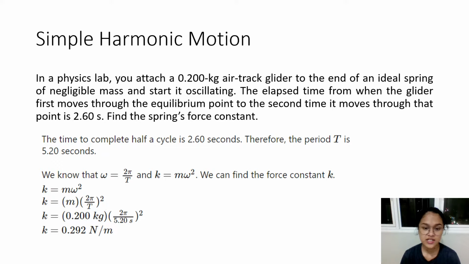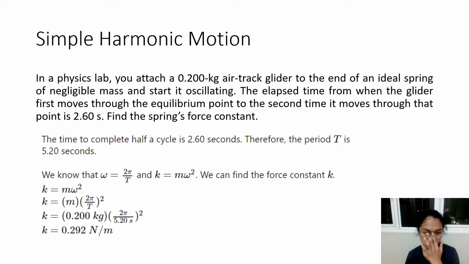So the 2.6 seconds is only the time to complete half a cycle. So we need a period, which is 2 half cycles. So we will be multiplying 2.6 seconds by 2 to complete one whole period, and that's going to be 5.2 seconds. Since we know that omega is equal to 2 pi over the period, and that the spring's force constant is equal to mass times omega squared, we can find the force constant k.